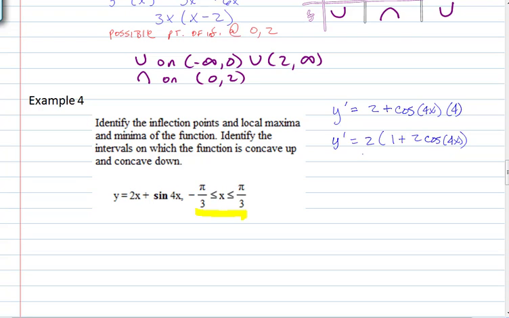So that means that I want to know where this thing is equal to 0. So I'm going to have to solve 0 equals 1 plus 2 cosine 4x, right? This is a trigonometric equation. Now this is the domain for x. What's the domain for 4x?